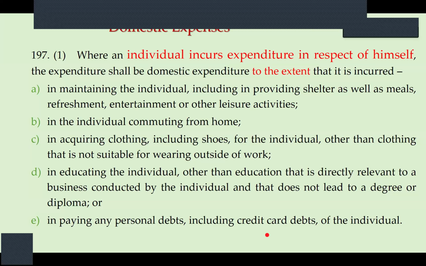Then my clothing, including shoes. But some expenditure incurred for clothing is allowable as a deduction. What kind of clothing? Clothing which is not suitable for wearing outside of work.